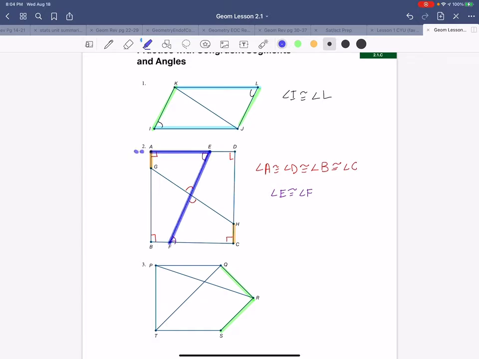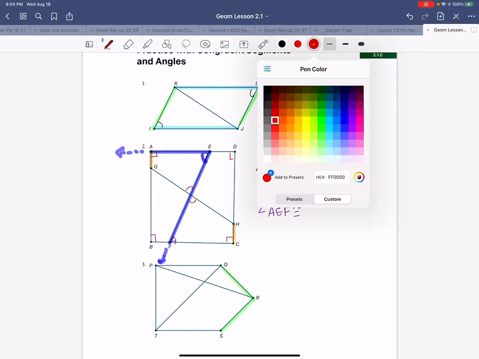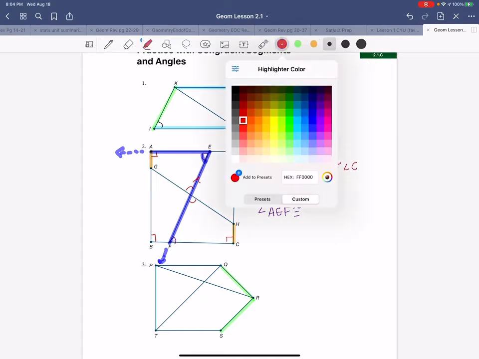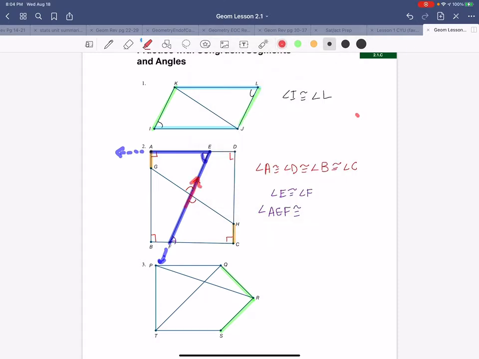So if we know that an angle can continue forever, then angle E could be called angle AEF. And then angle F could be named, I've got to keep going until I find a point that's measured, EFC.